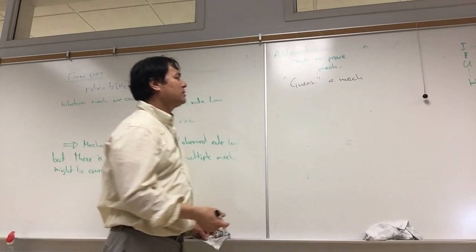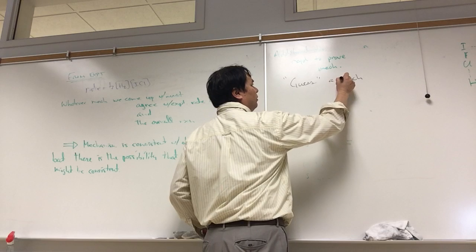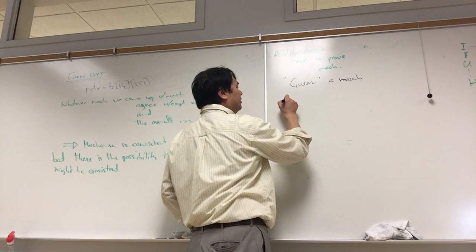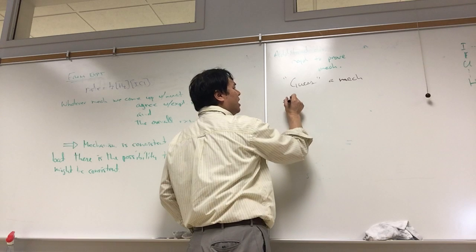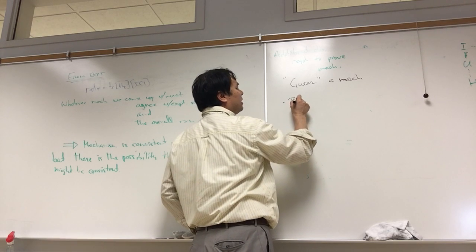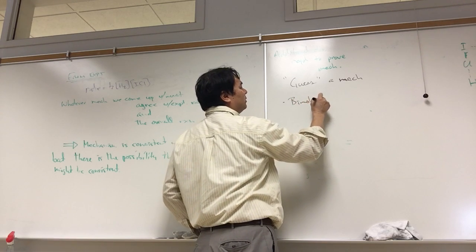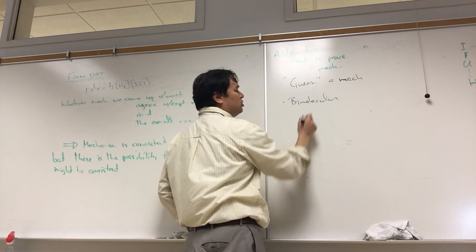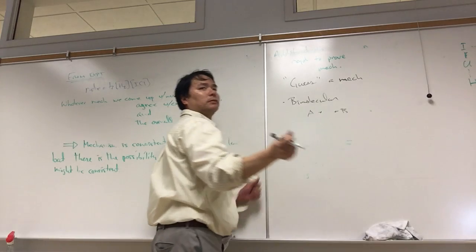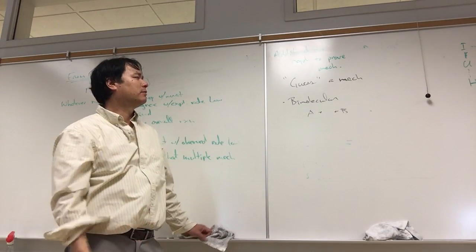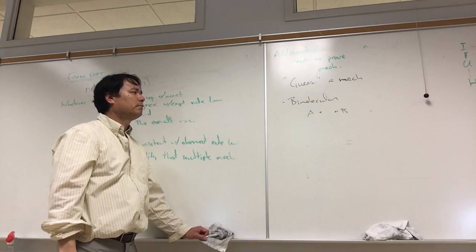And so when we guess this mechanism, we have three types of collisions that we're going to consider. The most common collision would be something like a bimolecular collision, just two molecules colliding, right? A and B. So boom, or two A's or whatever, bimolecular.